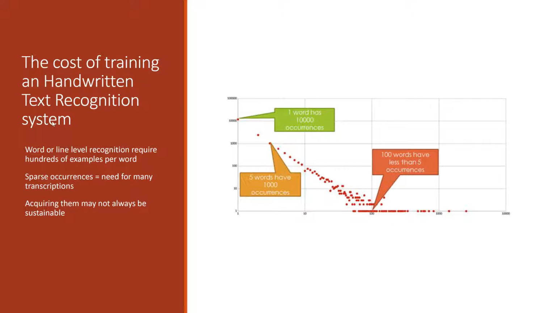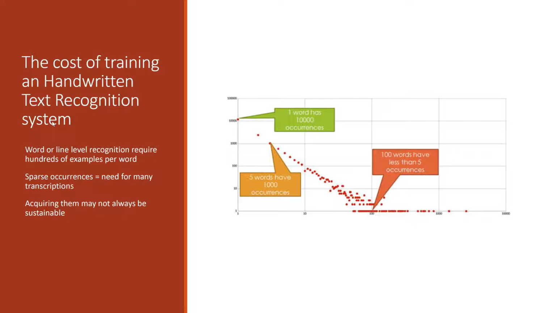The graph you see here has on the x-axis how many words, and on the y-axis how many times they occur. So basically, this is a frequency count, and we are trying to estimate how many words occur how many times, because this is also a good estimate for understanding how many pages we would need to transcribe if we were recognizing by word or by line.